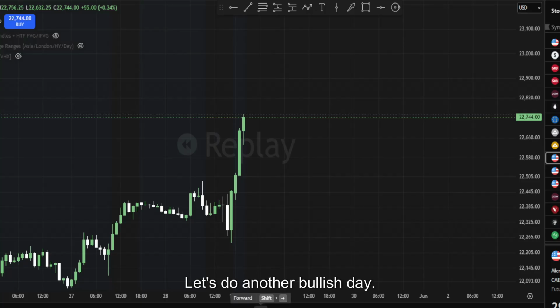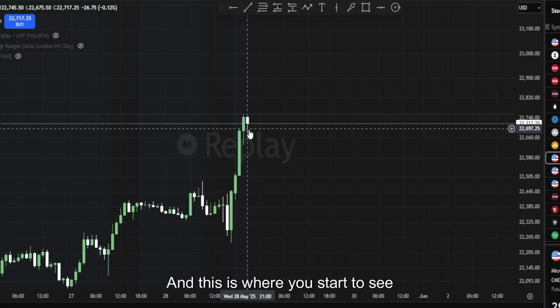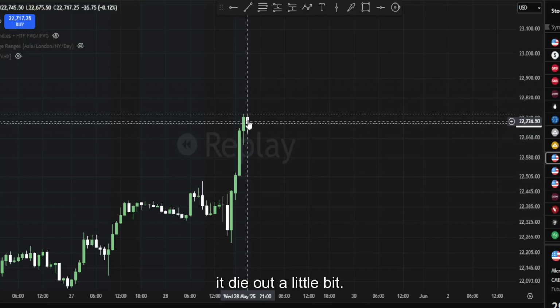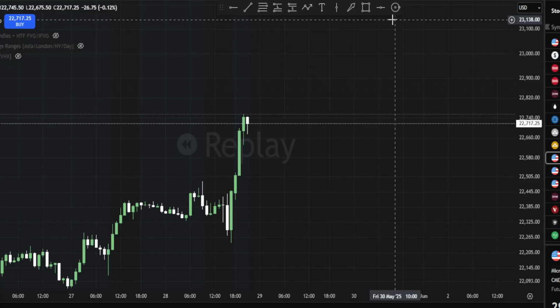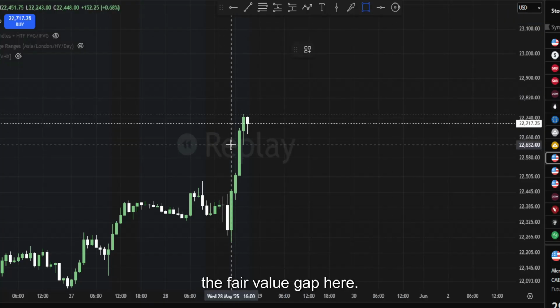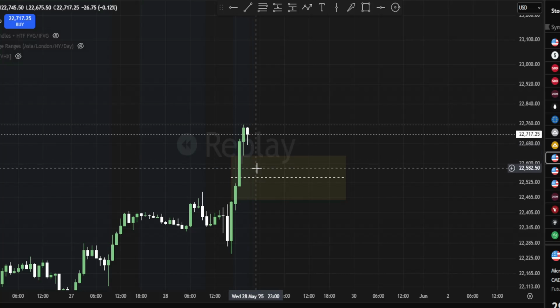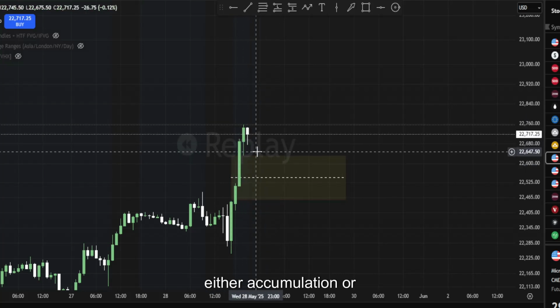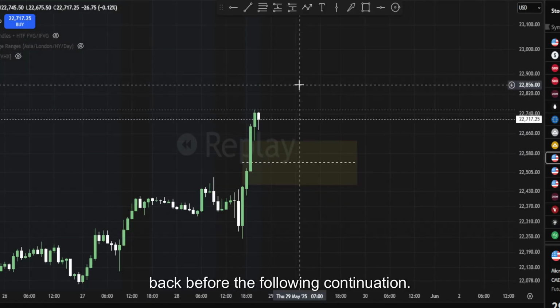Let's do another bullish day. And this is where you start to see it die out a little bit. We could start entering some more, either a retracement down into the fair value gap here, either accumulation or a retracement back before the following continuation.